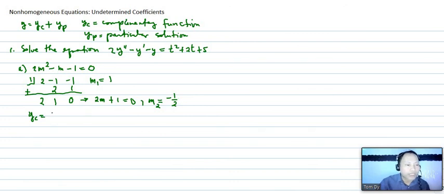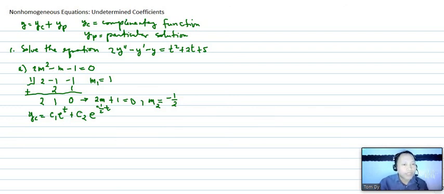So we write c sub 1 e raised to 1 t, plus c sub 2 e raised to negative 1/2 t. This is our complementary function, y sub c.